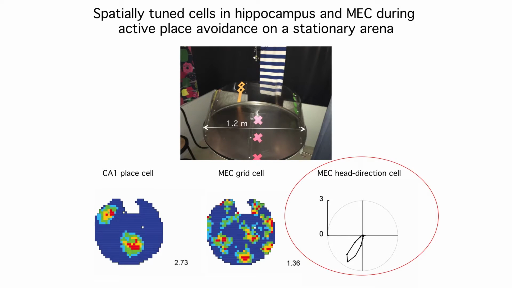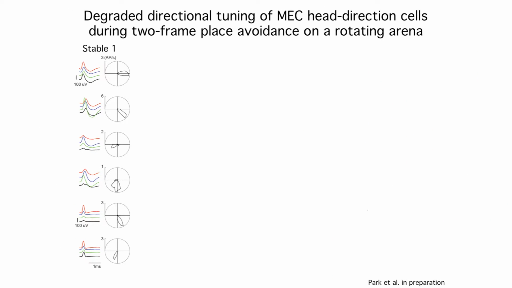So this is what we saw. Here is an example of, it looks like, 6 head direction cells. When the arena was stable, they all look directionally tuned, right? Those polar plots: the further away from the origin, the higher the activity.